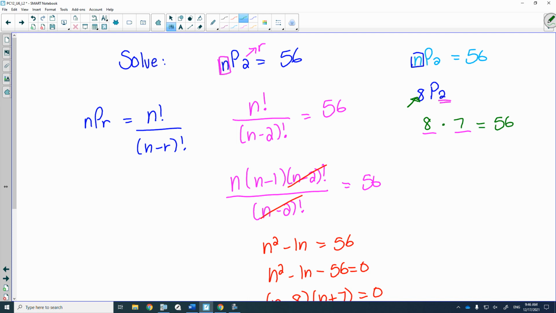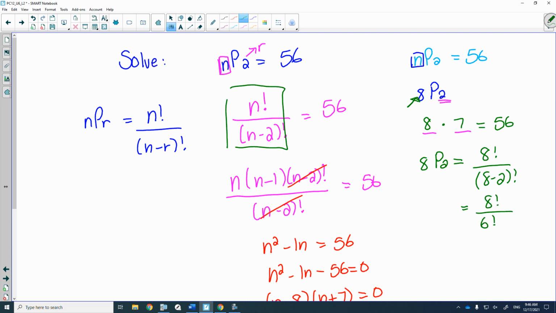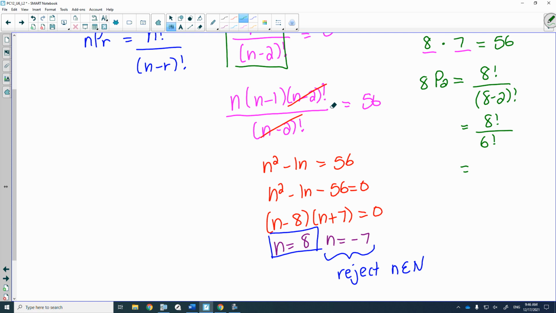Or you could have broken it down, putting it into this formula using factorials. So 8 permute 2 is equal to 8 factorial all over 8 minus 2 factorial. That would be 8 factorial over 6 factorial. Unzip your 8 factorial, and you'd have 8 times 7 times 6 factorial all over 6 factorial. 8 times 7 is 56.